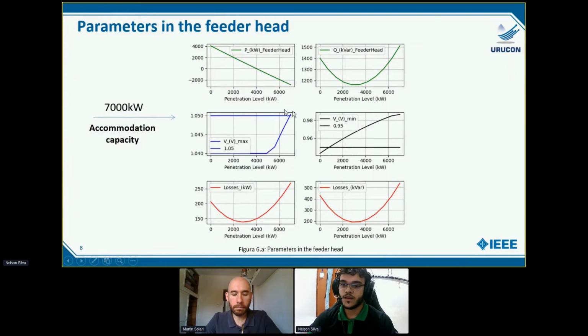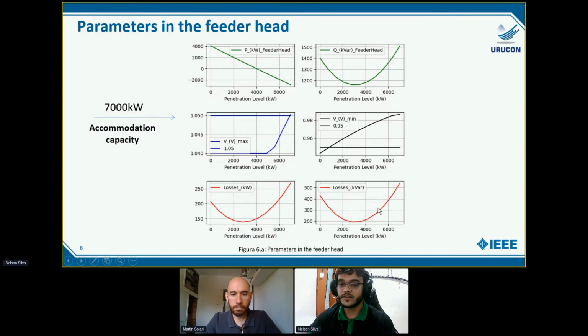In the second row, we see that this improves voltage levels to some extent, then heavy overvoltages start on the line, violating the imposed limits after breaking the accommodation capacity. So over this capacity, the system must present problems like overvoltages. And finally, in the third row, we have the losses, which also tend to increase in the presence of the reverse flow.